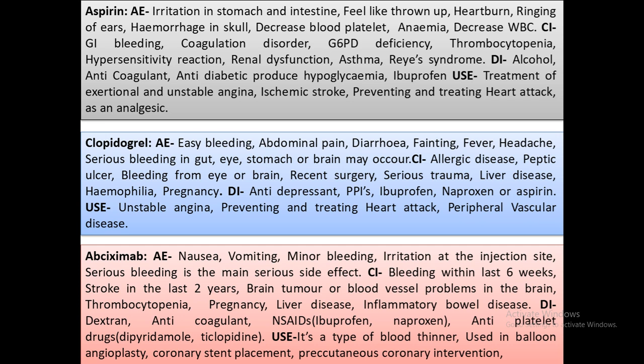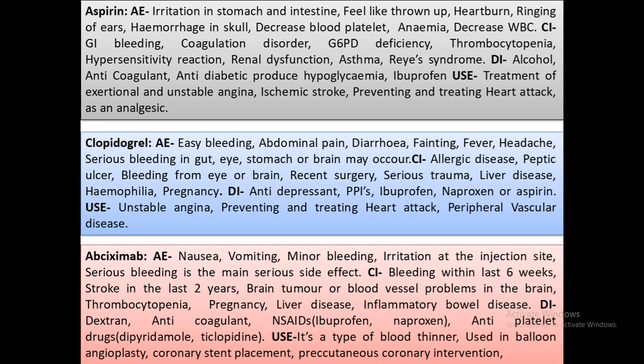Abciximab adverse effects are nausea, vomiting, minor bleeding, irritation at the injection site, and serious bleeding is the main serious side effect. Contraindicated with bleeding in the last 6 weeks, stroke in the last 2 years, brain trauma or blood vessel problems in the brain, thrombocytopenia, pregnancy, liver disease, inflammatory bowel disease.